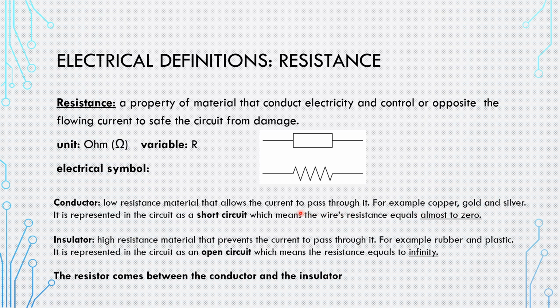And simply when I want to measure it, we're gonna see it has very low resistance. And in the ideal situation, I'm gonna have 0 ohm. 0 ohm means that all the current is gonna pass out from the battery. But this is not practical in our lab, since copper has some resistance, but it's very low. If you try to measure it, you're gonna see it is almost equal to 0.